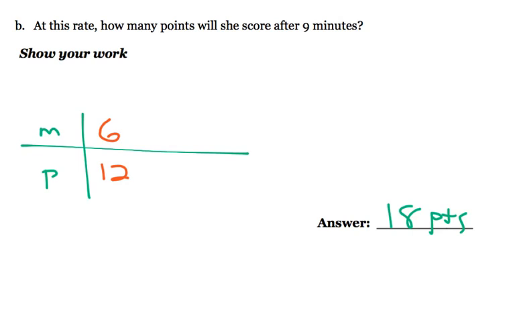Some students get really comfortable with the ratio table, and they'll just do something like this. They would take this original ratio and say, all right, I need to get to 9 minutes, but 6 doesn't go into that. So first, I'm going to break 6 down into something that will work, which would be 3.